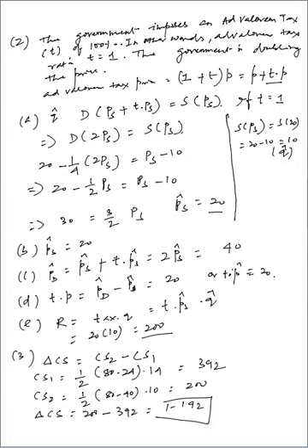Similarly, you can find the change in producer surplus, that is PS2 minus PS1. So PS1 will be half times 24 minus 10 into 14, equals 98.